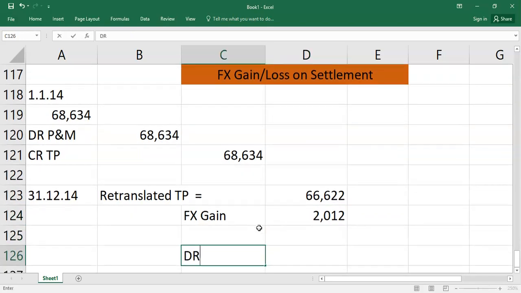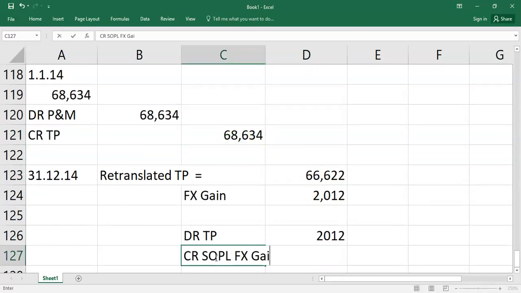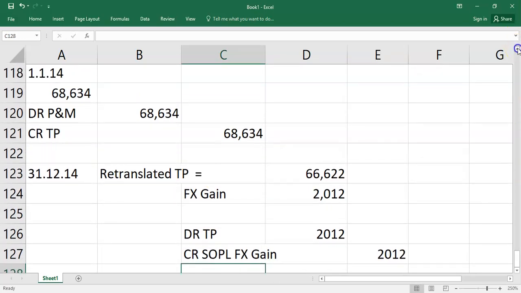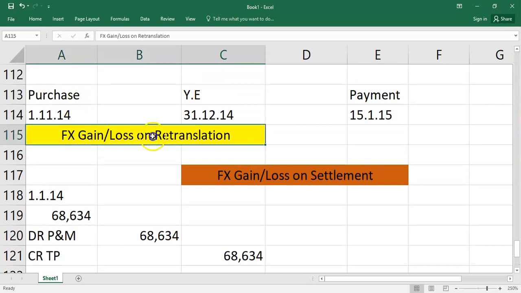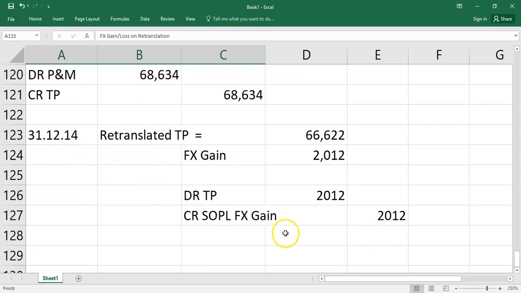So reduce trade payables by 2012 from 68 down to 66 and credit the SOPL FX gain 2012. That is what we call the yellow item here, your FX gain or loss on retranslation, done at the year end.